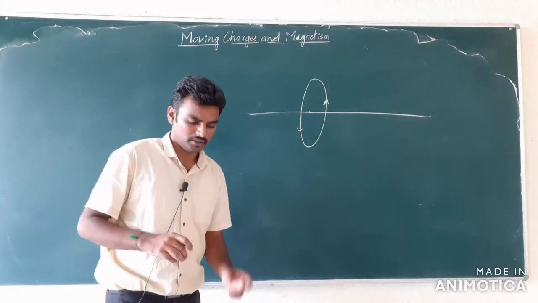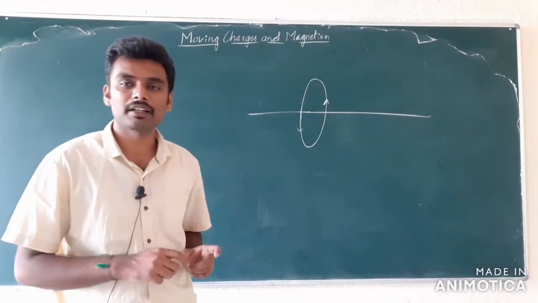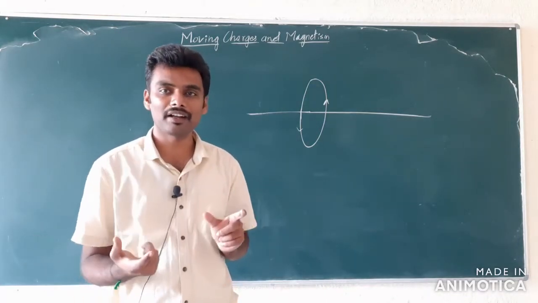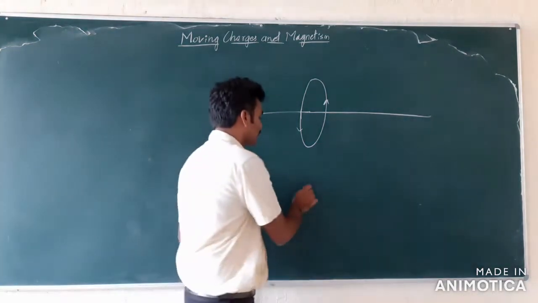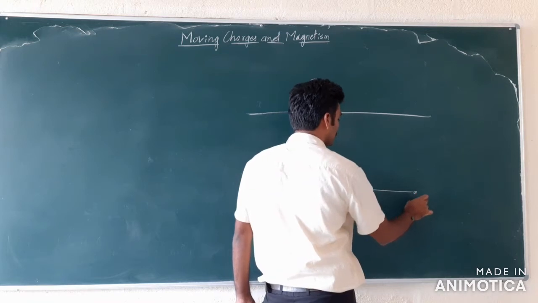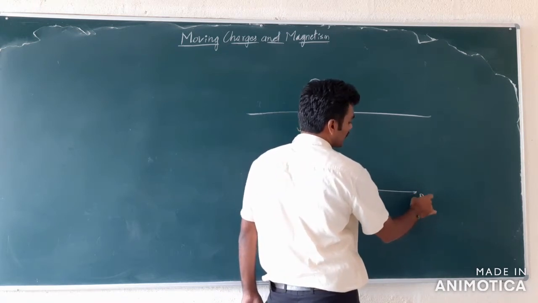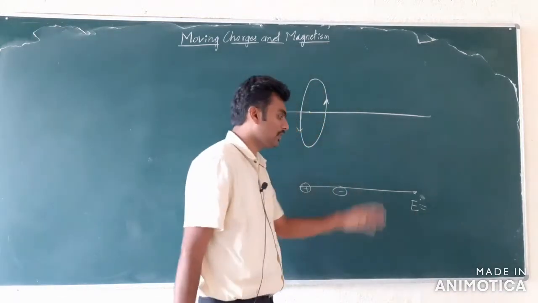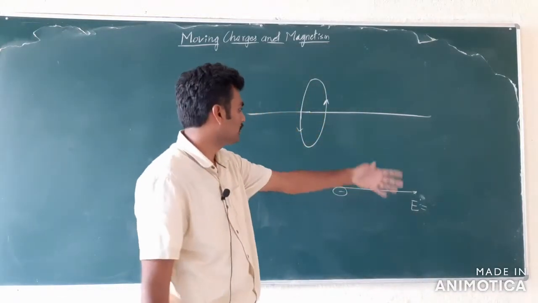See, when we have an electric dipole, we derived the standard expression that we had. Positive charge and negative charge, on the axis at a certain point P, we derived the expression for electric field, 1 by 4 pi epsilon naught 2P by something.